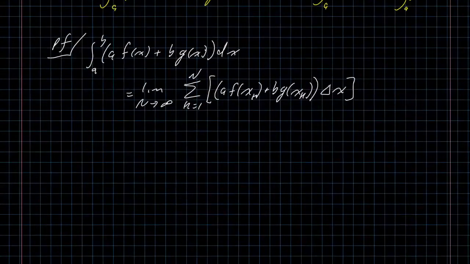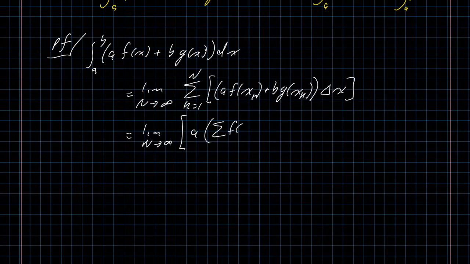Right? That's the limit definition of the integral. And now we have a summation here, and summations are linear. So I can split this up as a times the sum of f of x_k times delta x plus b times the sum of g of x_k delta x.